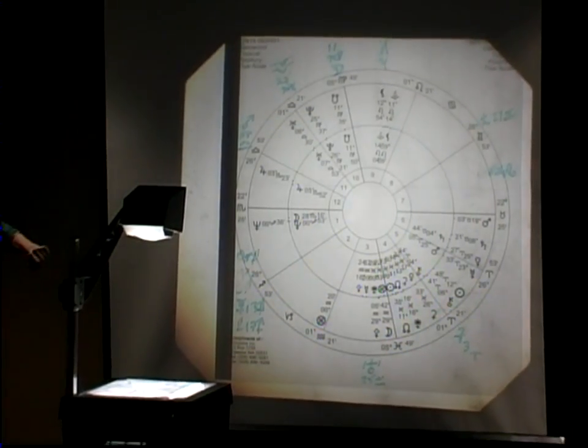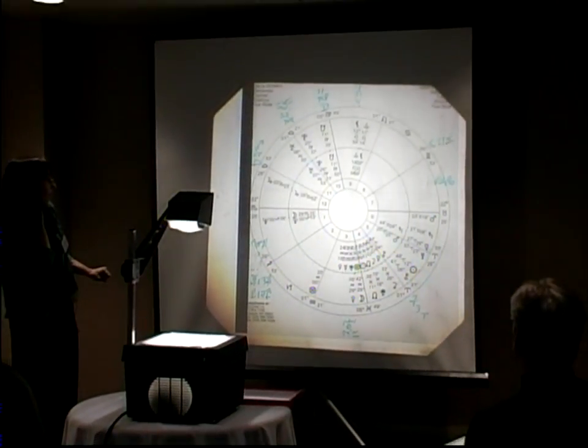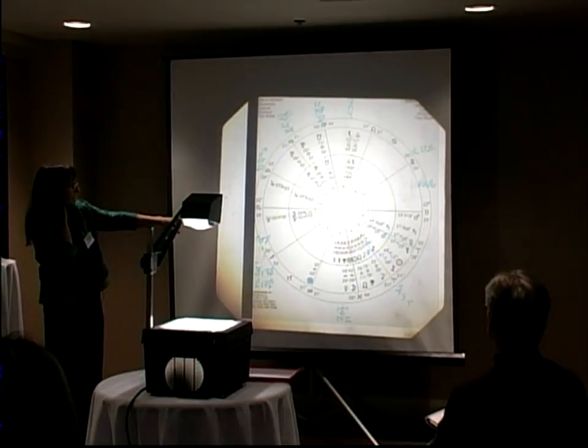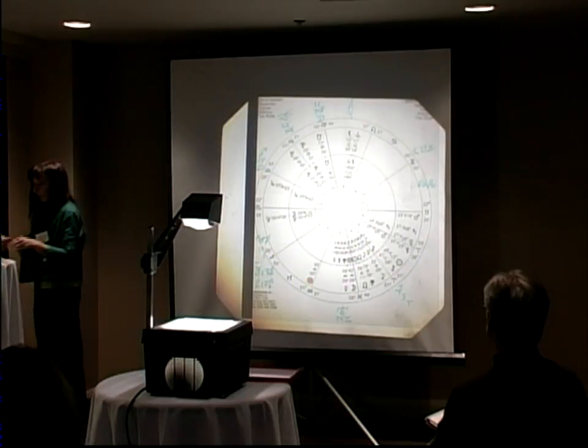Saturn in the sign of Gemini in the 8th house. 8th house rules surgery. We have Venus and Mars and Saturn listed in the 6th house. We have Mercury on Mars. Sorry, let me just find my notes here.